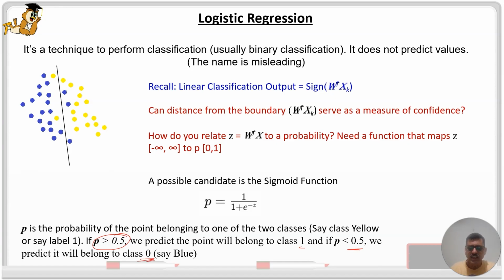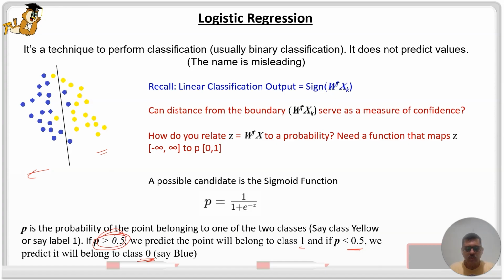So if we can say with higher than 0.5 probability that the point belongs to the yellow class, then of course we say it belongs to class yellow. And if we can only say that with less than 0.5 probability, chances are that it's a blue point, and therefore we classify it as blue.